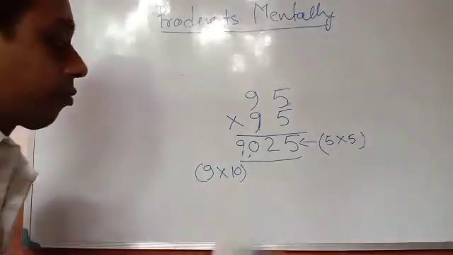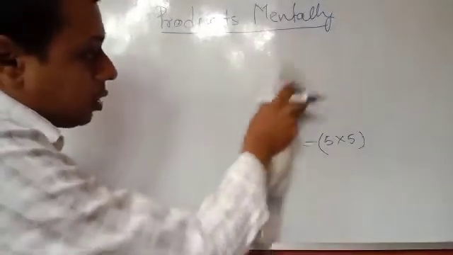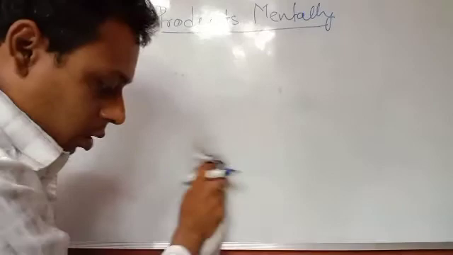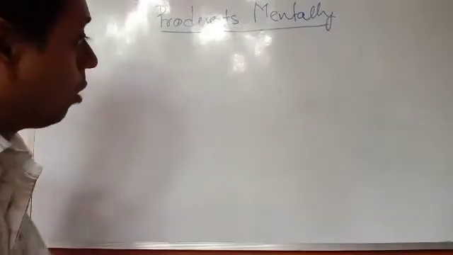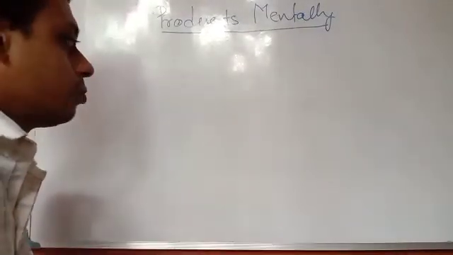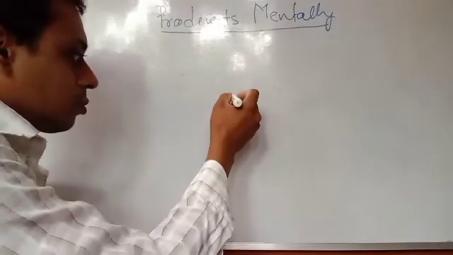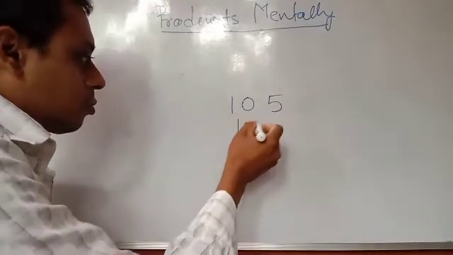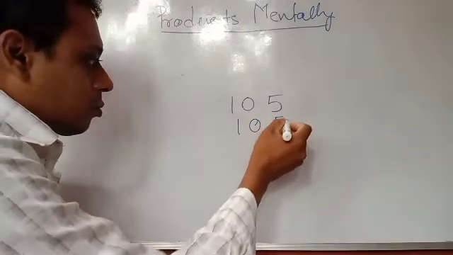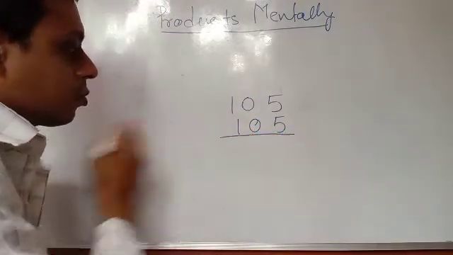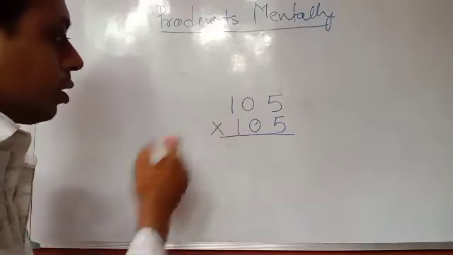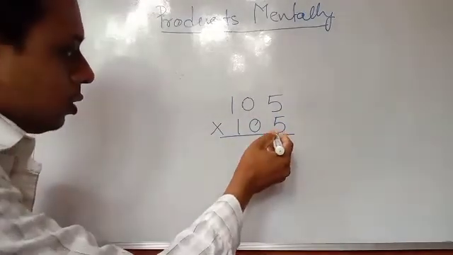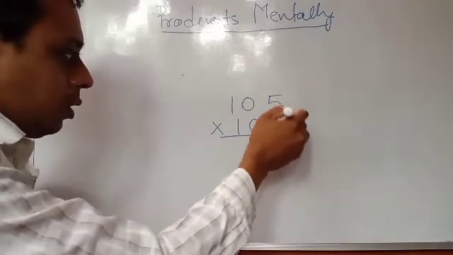Next, this sum I have shown you 2-digit number. Now we will take the example of 3-digit number. 105 and 105 both are same. Now in one place there is 5 and here also 5.